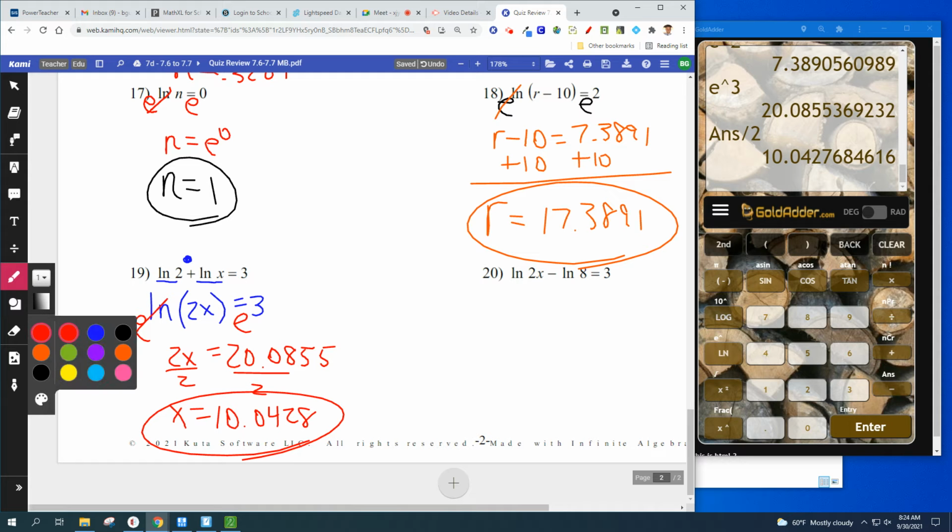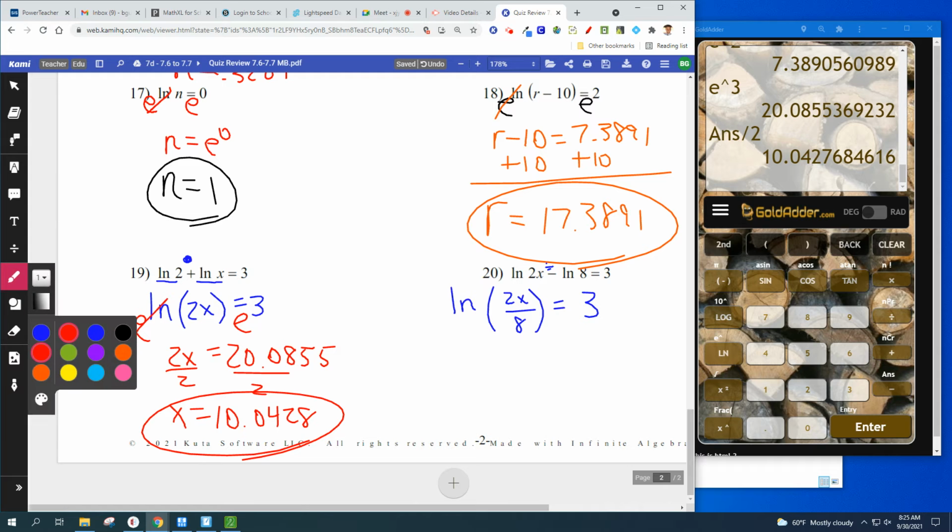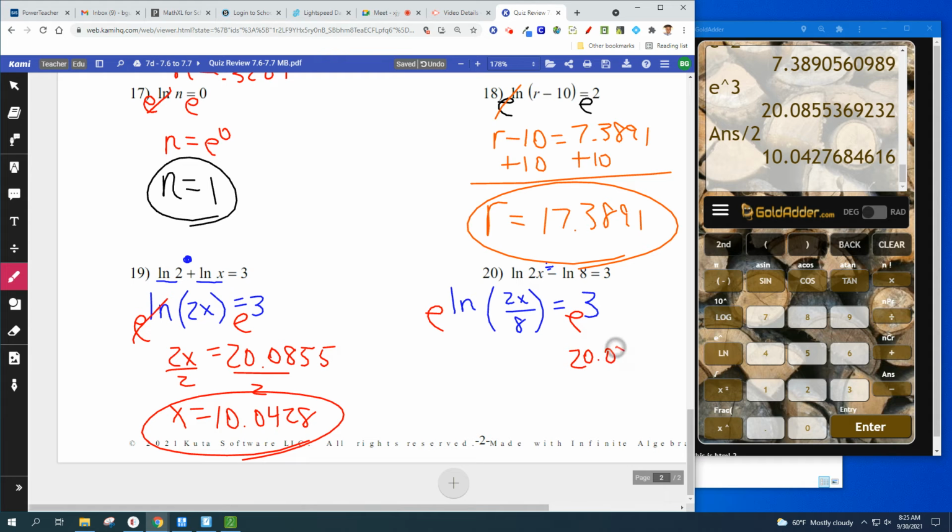Last one. Subtraction is going to condense using division. We'll have natural log of 2x over 8 equals 3. Again, we do our base e. E to the third power we just did was 20.0855. We've got 2x over 8 equals that. Solving this equation, I'm going to multiply by 8.